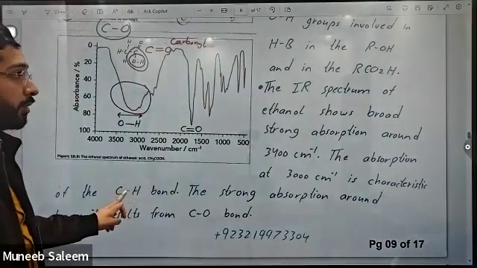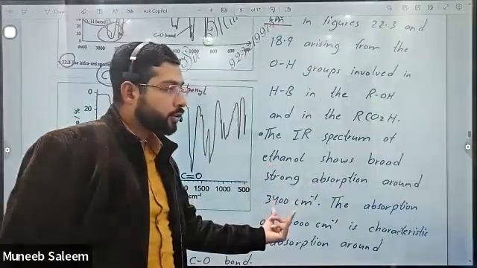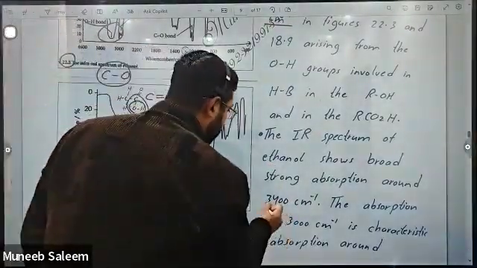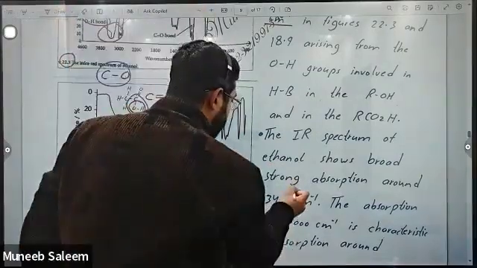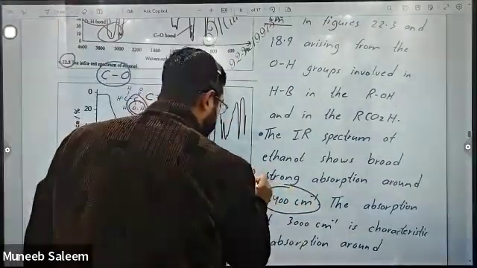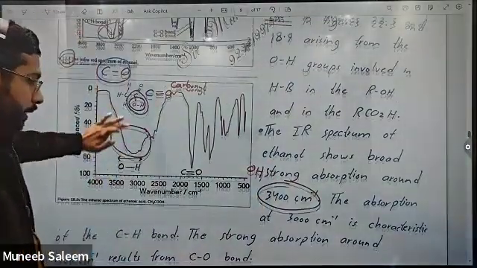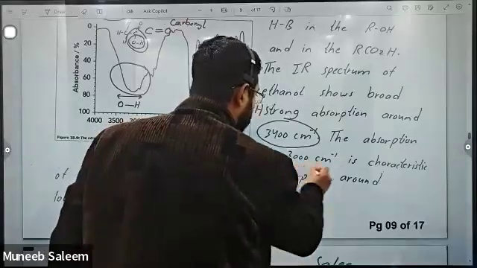All right. Basically, the presence of the OH group in this case is at 3400. 3400 indicates the peak of the OH, whereas the value around 3000 indicates the peak of the CH bond.